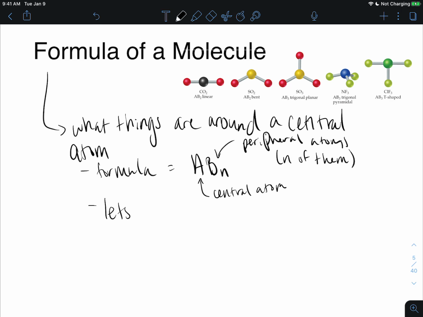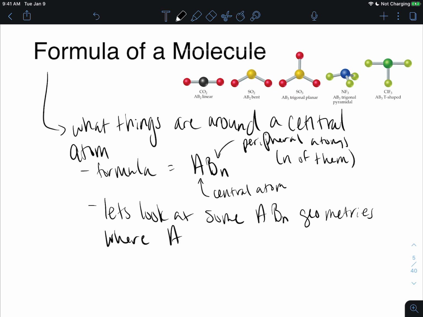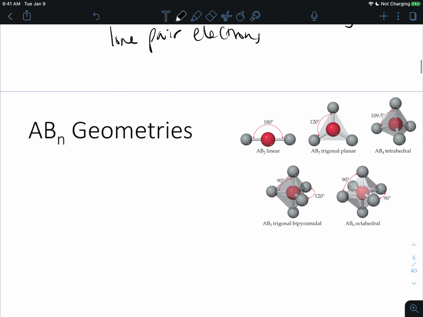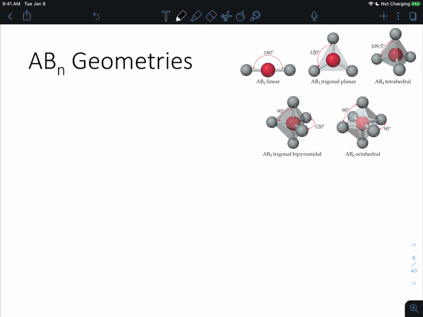So let's look at some AB_n geometries where A doesn't have any lone pair electrons. Okay. So here are our different AB_n geometries, assuming all of these are atoms instead of electron pairs.